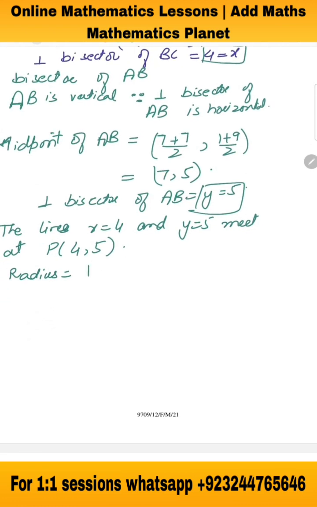P is 4, 5, so the radius will be equal to 7 minus 4. I'm calculating it with point A. We can calculate with any point.